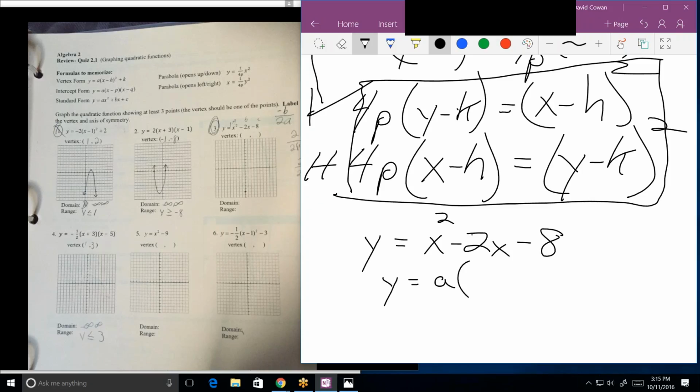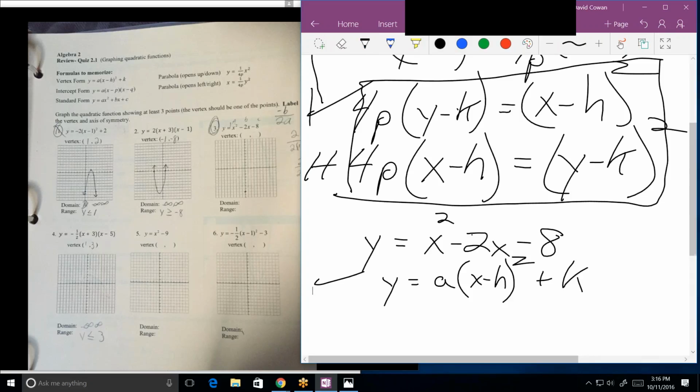I mean, at this point they're really not talking about focus and directrix, so there's no reason for us to use the 4p yet. What I need to do is to put this format into this format. If I can do that, then I will know h, I will know k, and I'll be able to figure out a. So how do we do it?